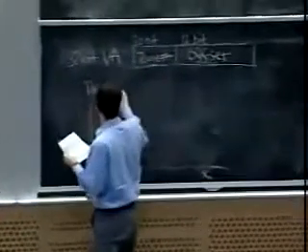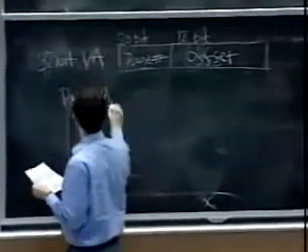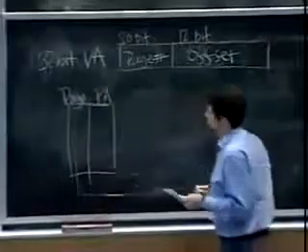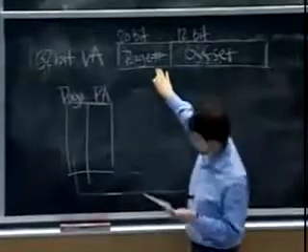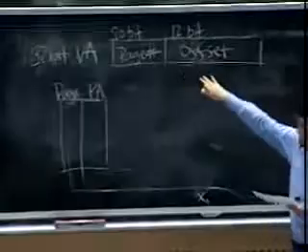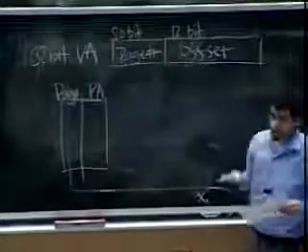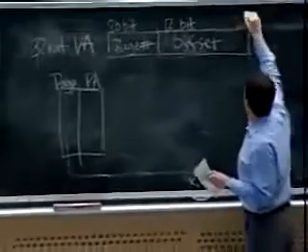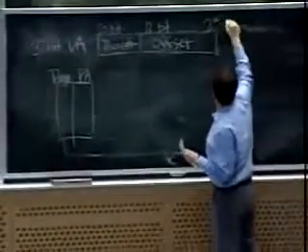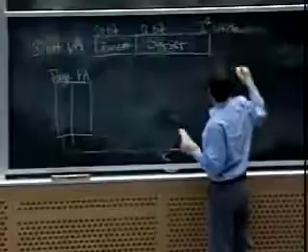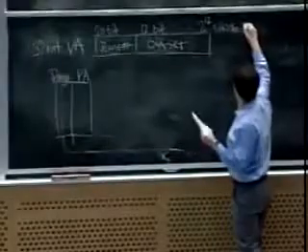So this table is going to look like a mapping between a page and a physical address. If the offset is 12 bits long, then each page is going to be 2 to the 12th words big, which is equal to 4,096 words.